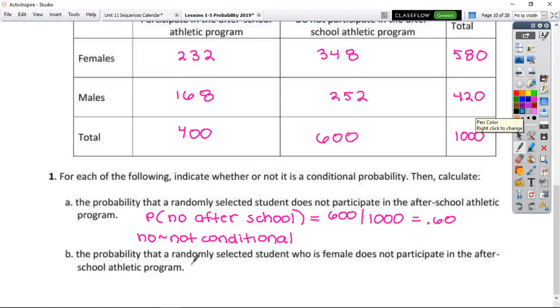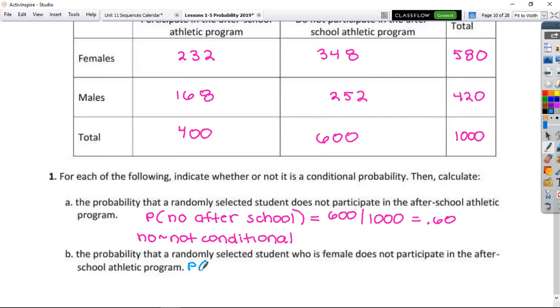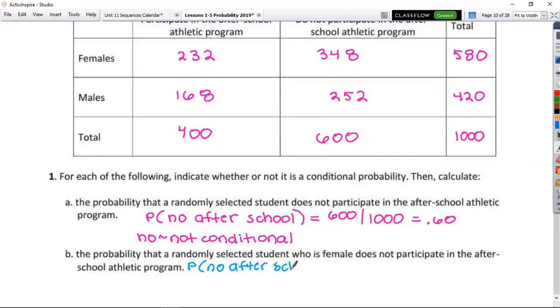So now I'm going to say the probability that we don't participate, so no after school, provided the condition of gender in which she must be female. All right, so we have 348 divided by 580.